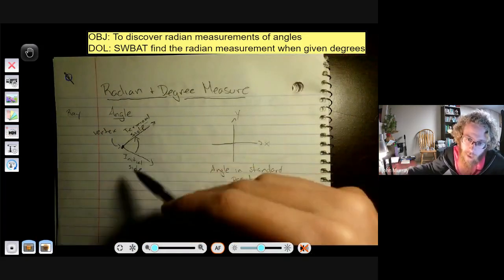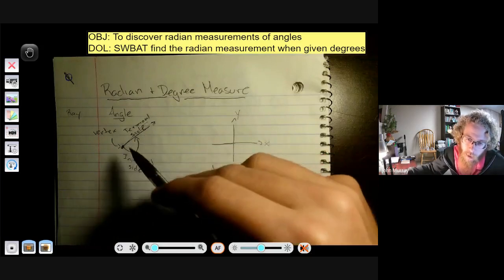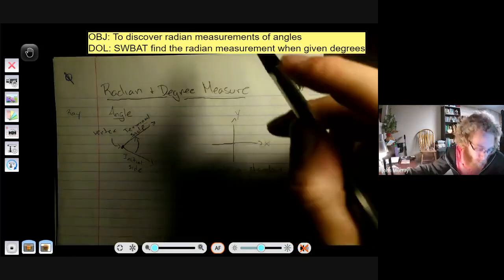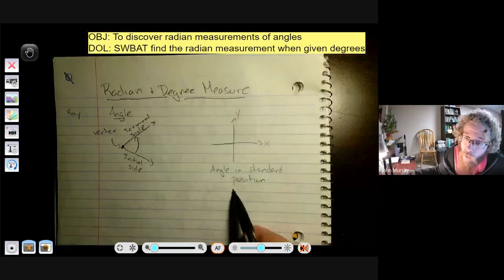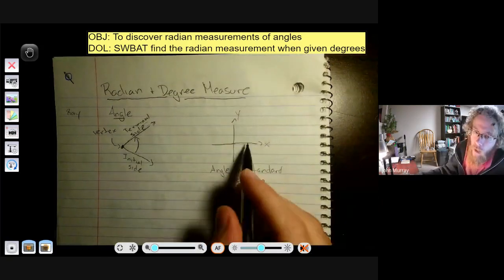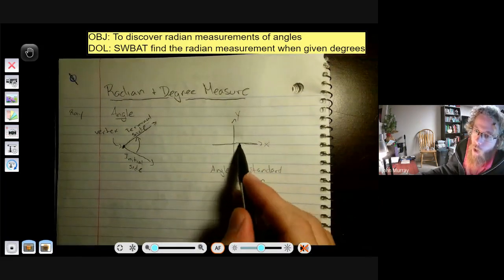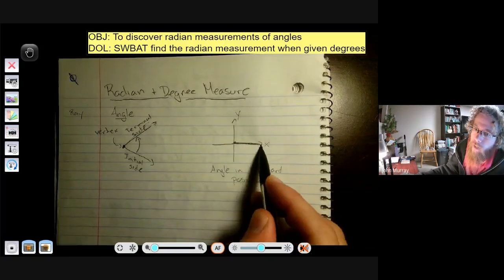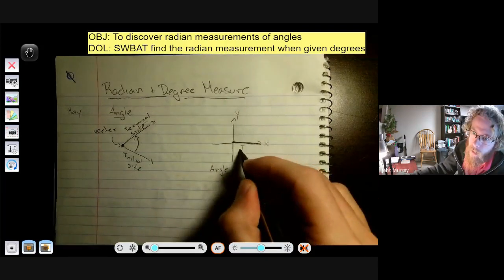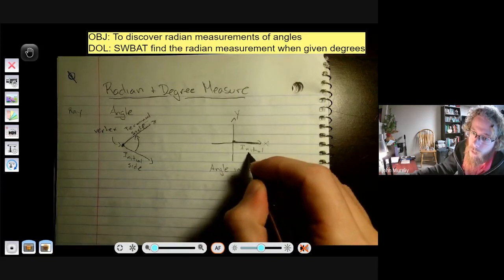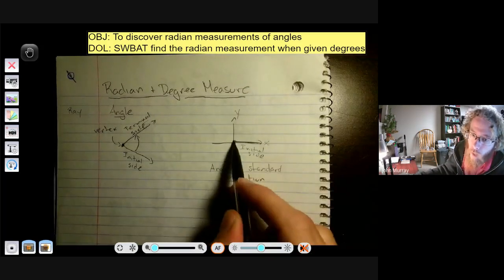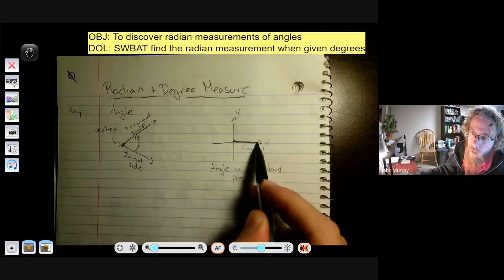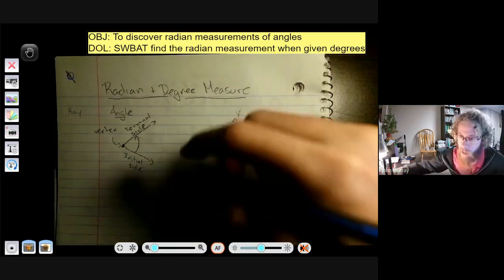Because if it's like this, I mean, not that it's hard to read, but this isn't its proper form. So for standard position, our initial side is always going to be this half of our x-axis. So our angle is always going to start on that line.